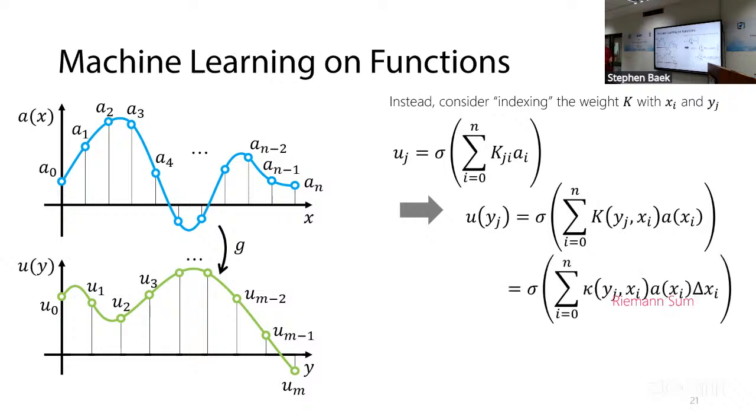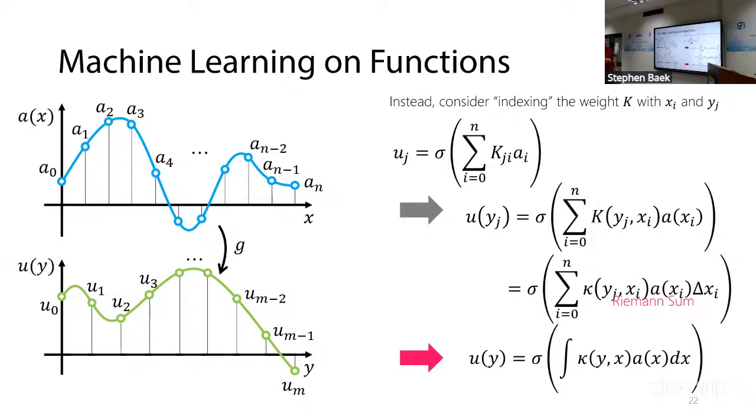So as a matter of fact, this little trick of converting this weight with the discrete index to a continuous weight with the continuous index is actually the generalization of the Riemann sum.